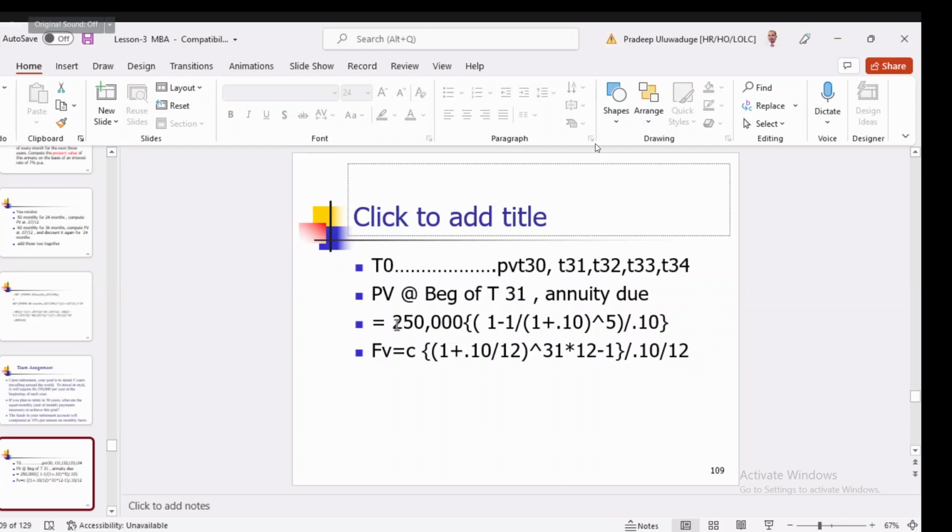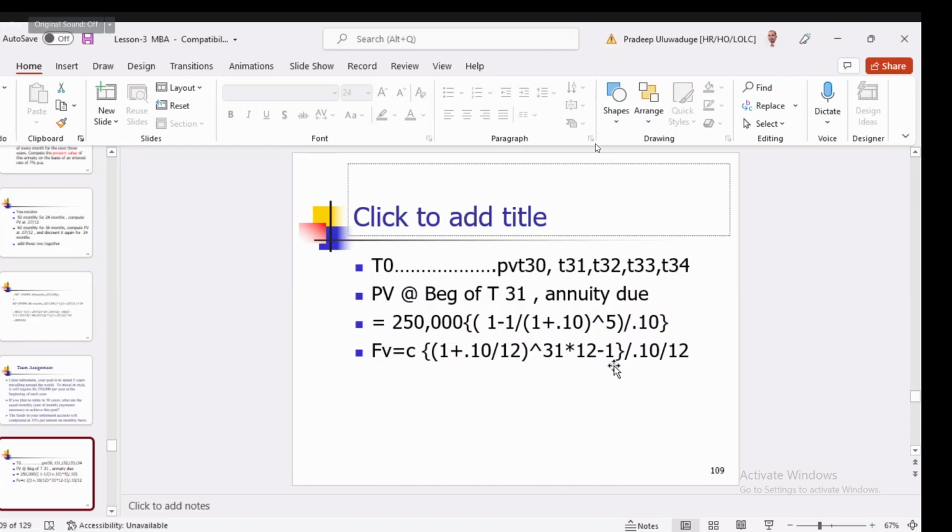What is the future value formula? Yes, 1 plus R to the power n minus 1 divided by R, the future value formula.